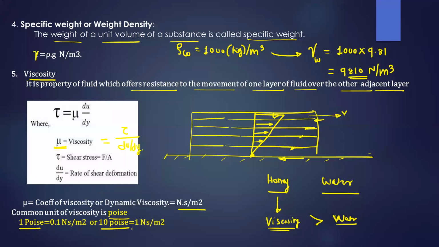It is 10 times smaller than the Newton second per meter square, and therefore 10 poise is equal to 1 Newton second per meter square. So these are some common properties that we will use when you solve some problems in fluid mechanics.